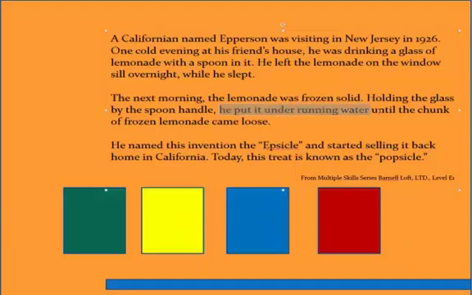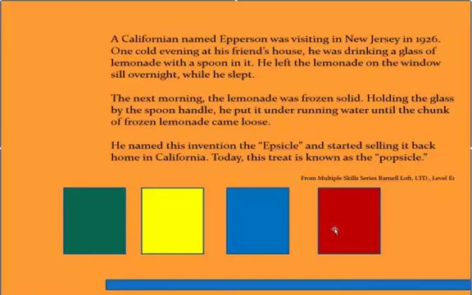He kept putting it under the running water until the chunk of frozen lemonade came loose. So that word chunk means flavor, thick piece, laugh, or triangle. Yellow.